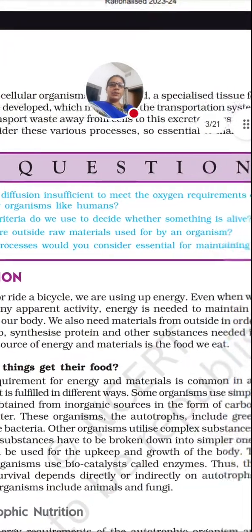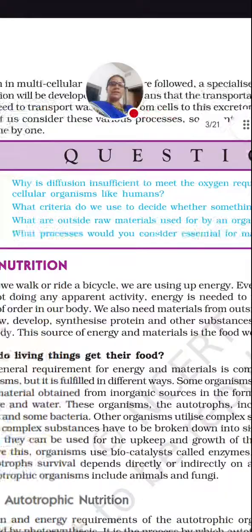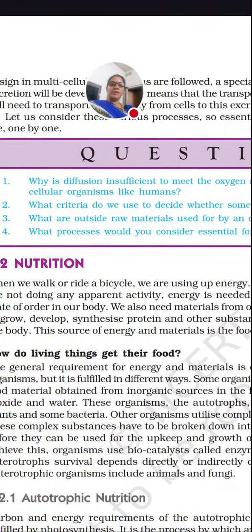What criteria do we use to decide whether something is alive? Generally, we recognize something as alive by locomotion, but locomotion alone is not sufficient. Along with locomotion, we need to notice whether other life processes are carried out. Now, what outside raw materials are used by an organism?